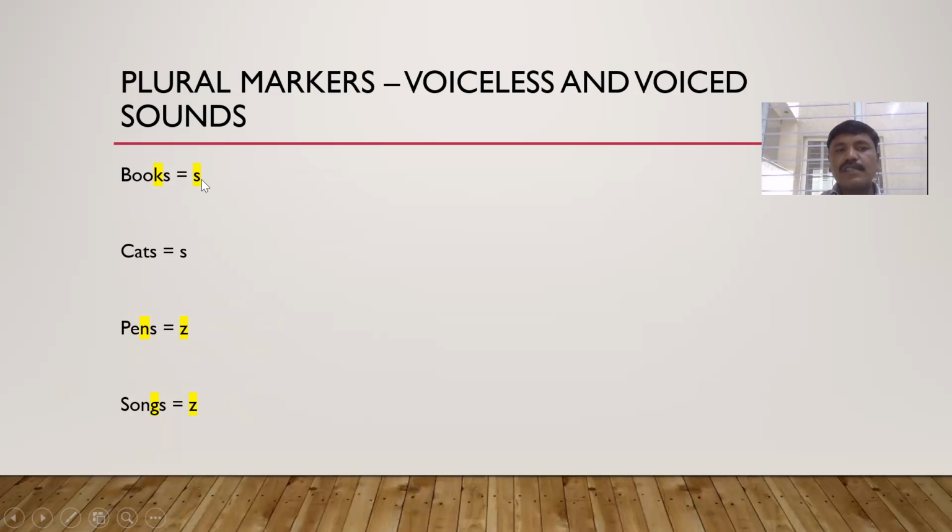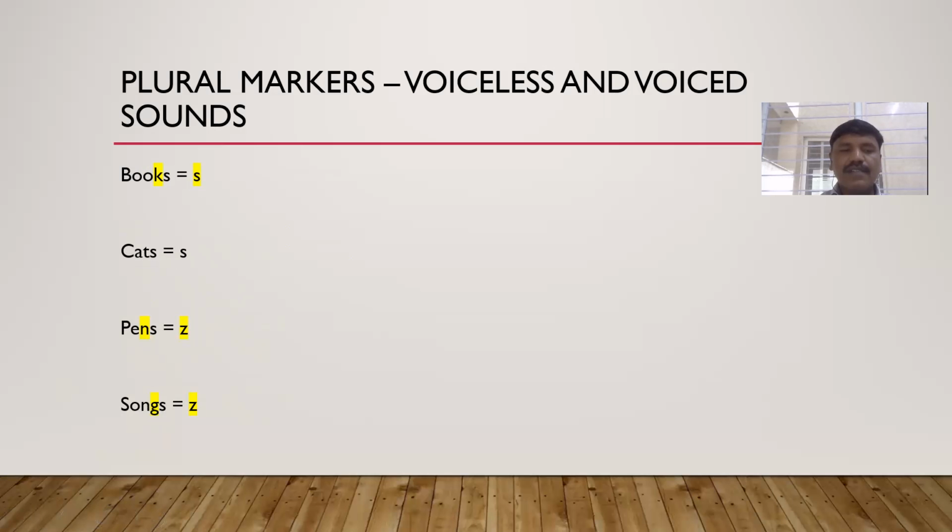Books, there is no problem. And t is also voiceless, and cats is pronounced with s only. There's no issue. But this is a voiced one. n is voiced. So it is not pens with s, it is pens with z. And at the same time, g is also a voiced sound.